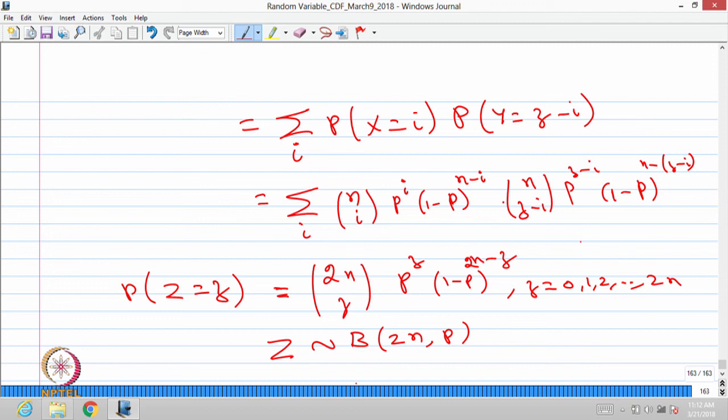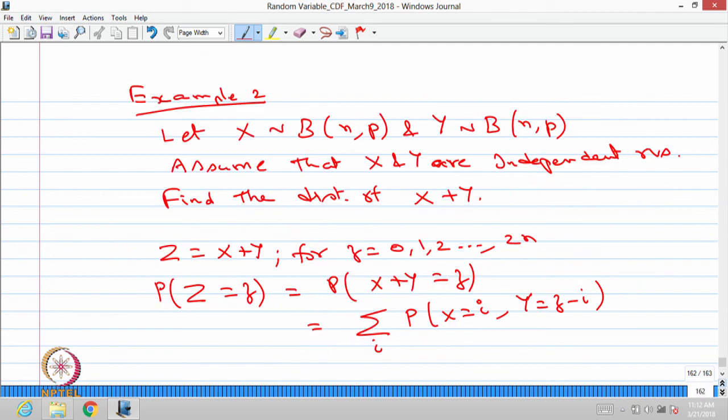Now, one can discuss some what-if scenario. Suppose x takes the binomial distribution with the parameters n comma p, whereas y takes a binomial distribution with some other parameter instead of n. Suppose you take some other positive integer m, but the next parameter is the same p.